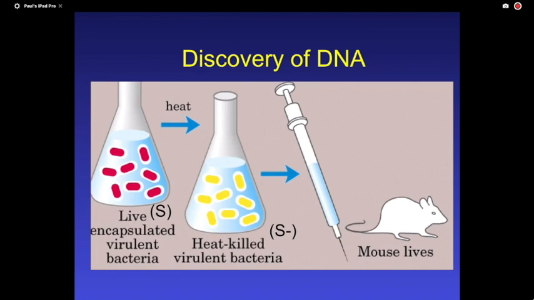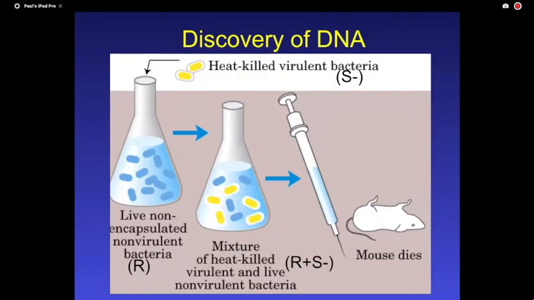Now, we didn't know this at this time. This is from your knowledge now. But what they did know was the heat did something that made it inactive. Now, what they did was they took the heat-killed version, which doesn't kill the mouse, and the R version, which doesn't kill the mouse, and mixed them together.